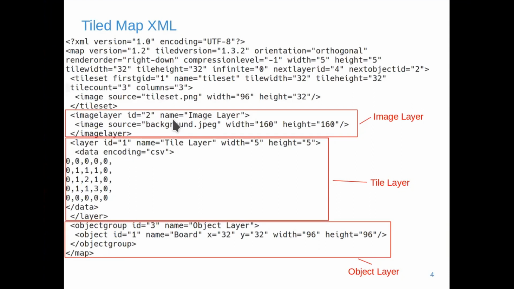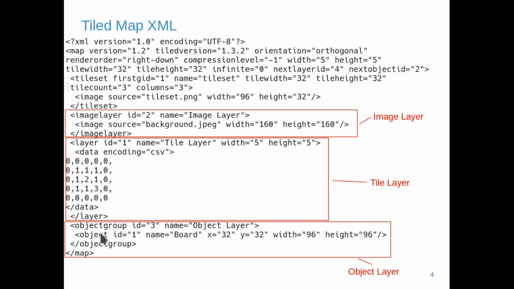There is an image layer that basically specifies the background picture, and it has its width and height. Then we have tile layers, a simple array of numbers, where each number specifies the number of the tile. So 0 means no tile, and 1, 2, 3 describe one of the tiles in the tile set. And then we have these object layers.